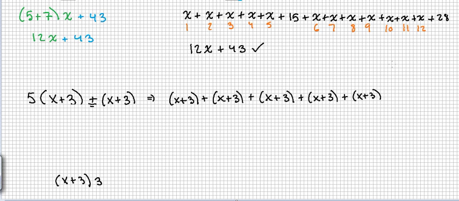Okay. And that came from the 5x. It's x plus 3 added 5 times, so this would be this. But we have this little one here at the end, right there, that's going to be x plus 3 added.